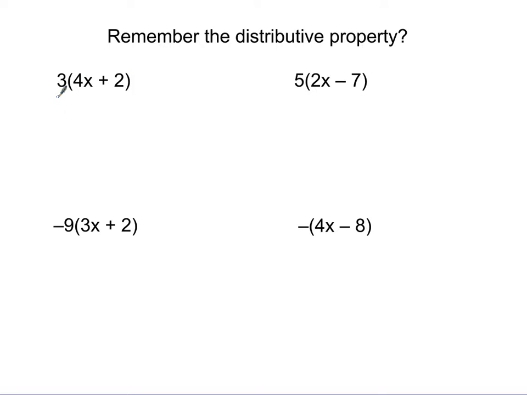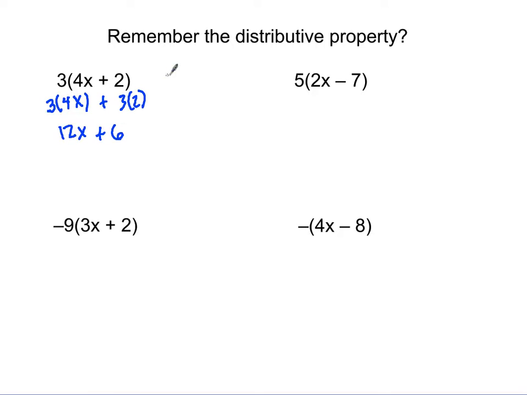And back then in chapter 4, we would write it out like this: 3 times 4x plus 3 times 2. And then you multiply those two terms, and it is 12x plus 6.